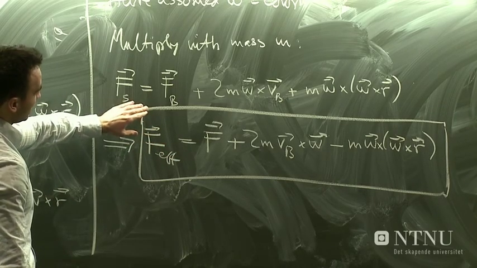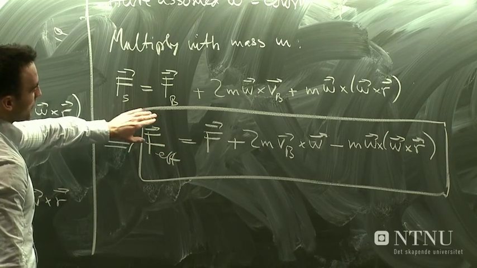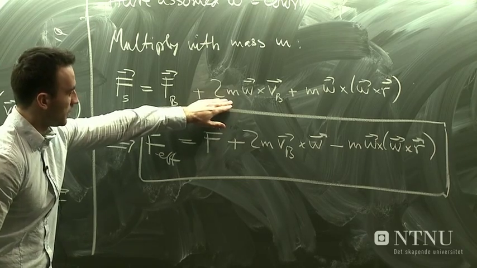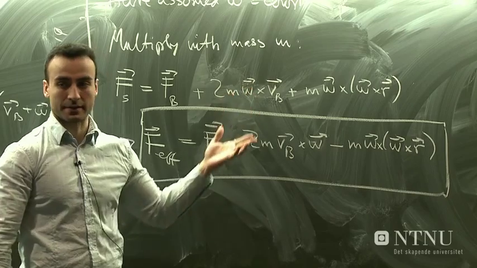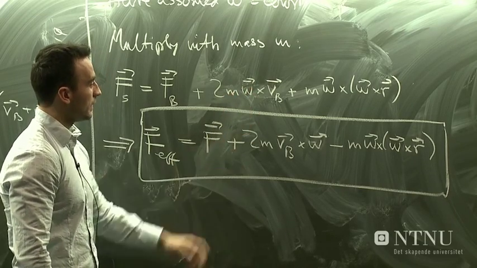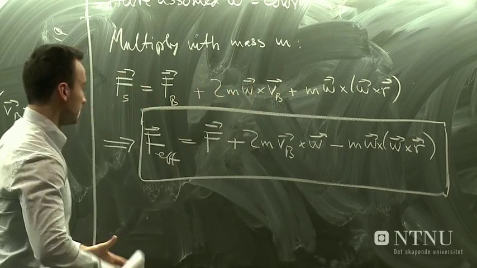So I just moved this term over here, and then also interchanged these vectors to get an extra sign change, so that's still plus. And then I also move this term over here.